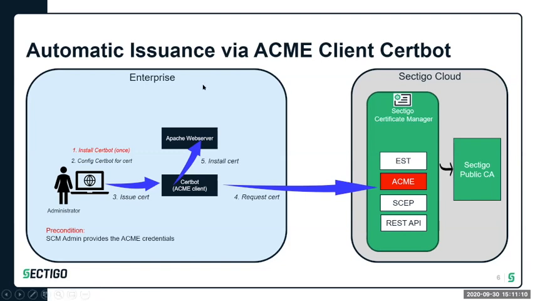The default value there is 30 days, but you can change it. Then it will renew that certificate, reaching out to Sectigo Cloud, and installation will be done by that process as well, without you having to issue any manual command. So that's the beauty of it. It's fully automated renewal.